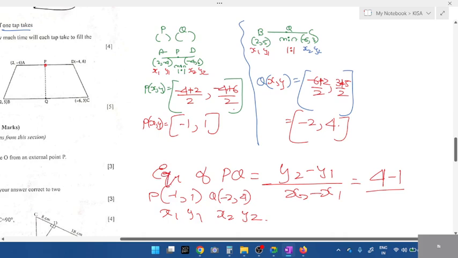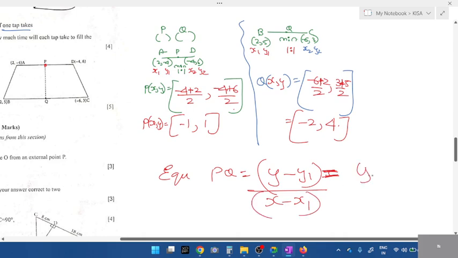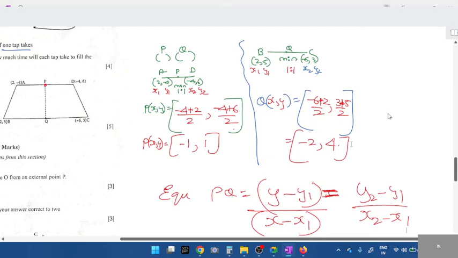Equation of slope. Okay, what are we supposed to find? Equation of PQ. Okay, okay. I've written slope formula, students. Sorry, I've written slope formula. Equation. Yeah, what is equation of PQ? Y minus y1 into x minus x1, y2 minus y1 divided by x2 minus. Just a minute.